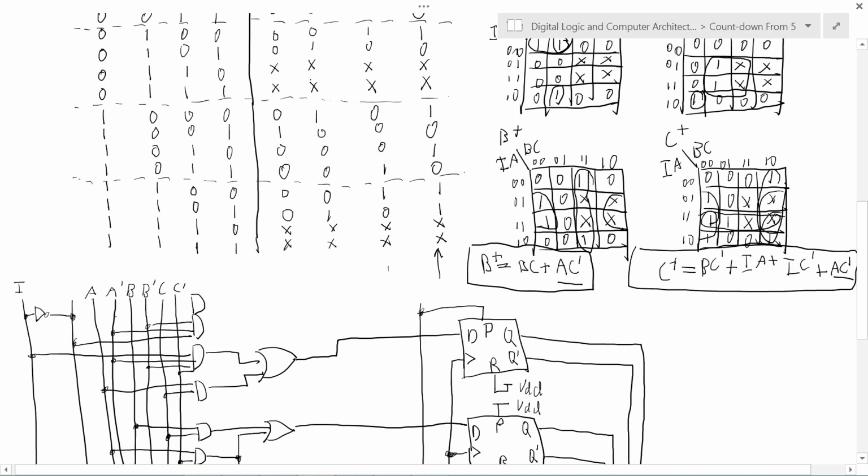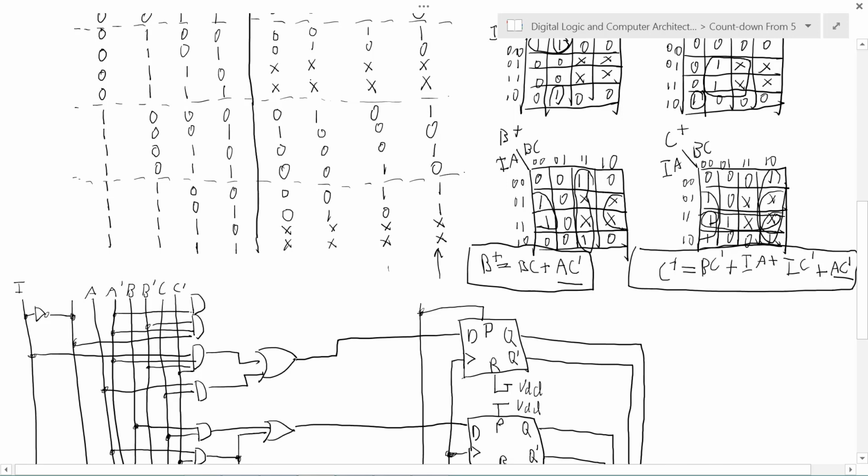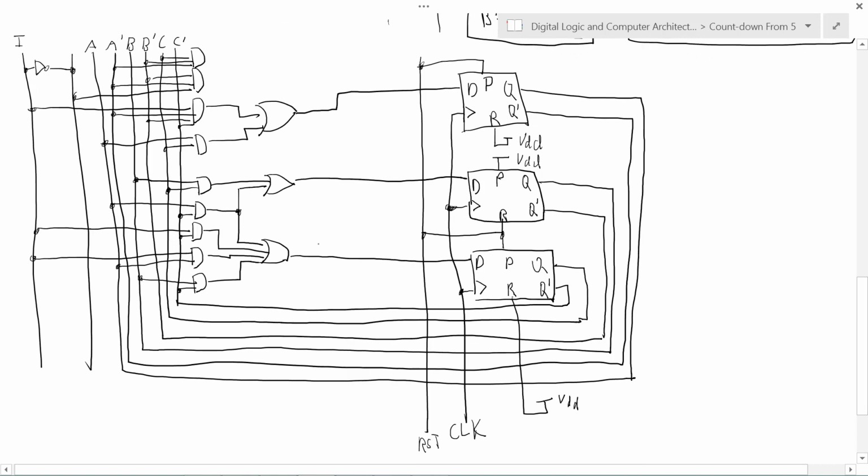And A prime, B prime, and C. And now we have put it all together into a final digital logic circuit.